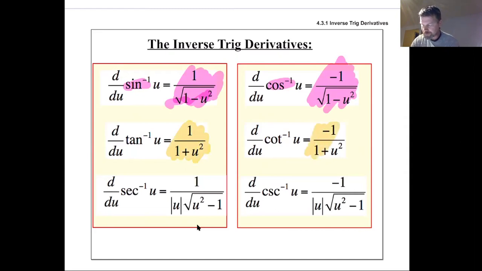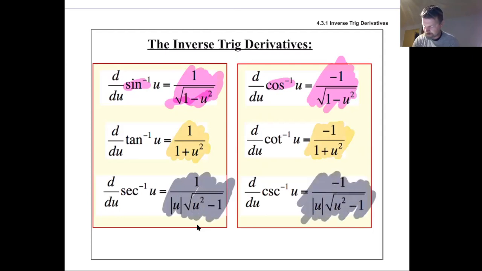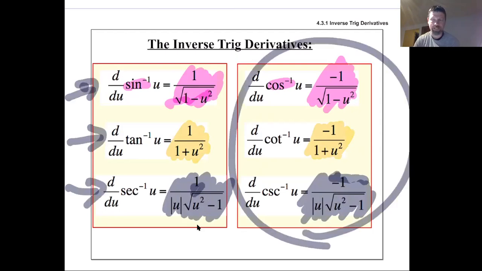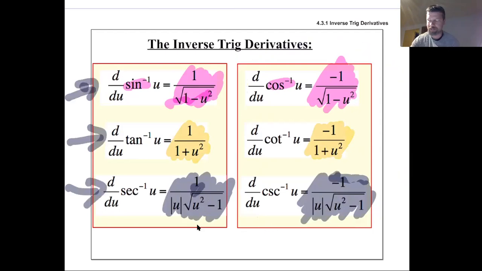The derivative of cotangent inverse is the exact same thing, but negative. The same pattern holds for secant and cosecant: same exact thing, except a negative 1 on the top. So if you can memorize these 3 derivatives, those 3 should be easy. Same exact thing, but opposite sign.